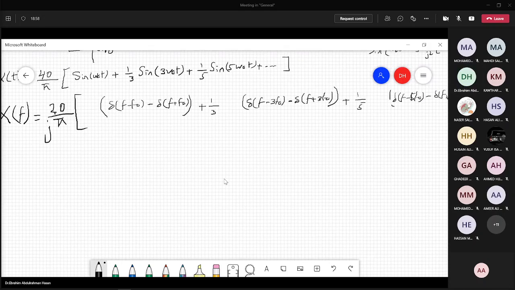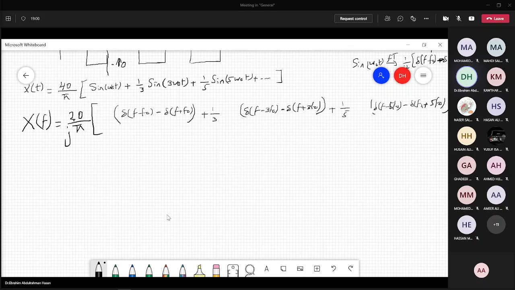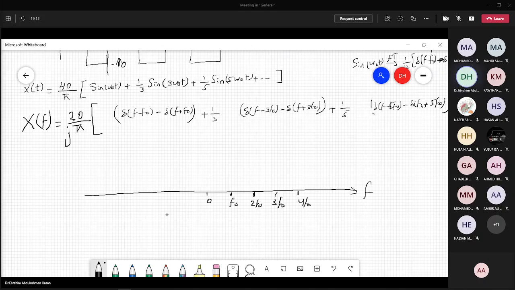Okay, how to plot the magnitude for this one? So this is f: 0, f naught, 2 f naught, 3 f naught, 4 f naught, 5 f naught, 6 f naught.